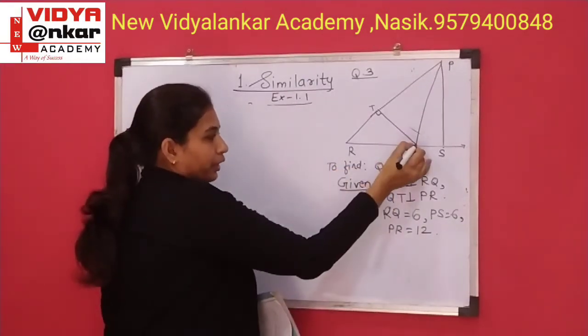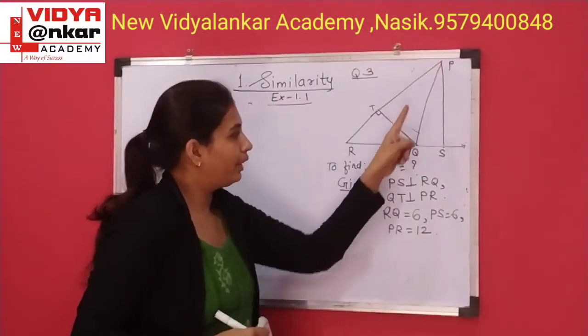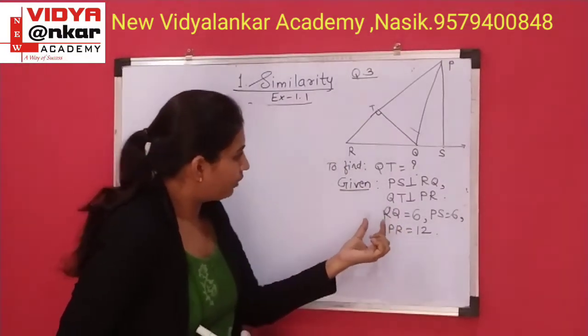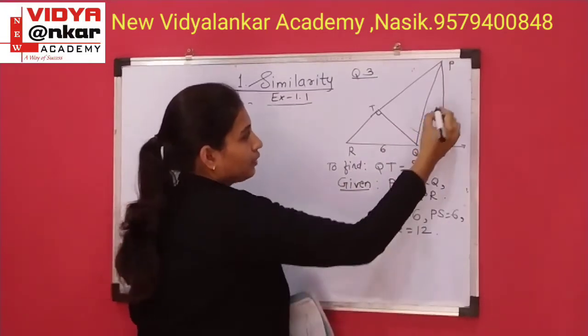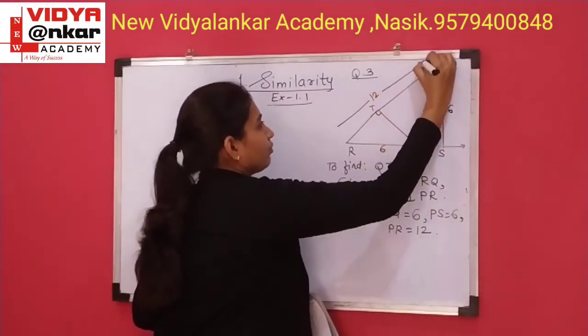Now QT is the height for triangle PQR, and what is provided? RQ, that is 6, PS, that is also 6, and PR, that is 12.